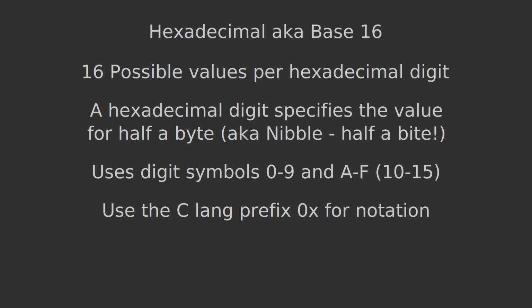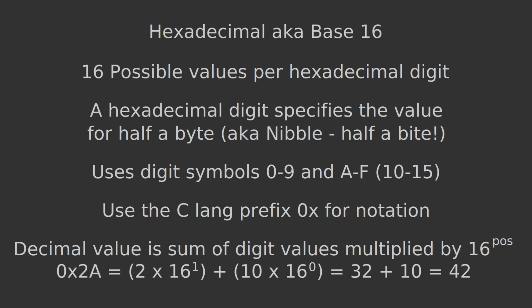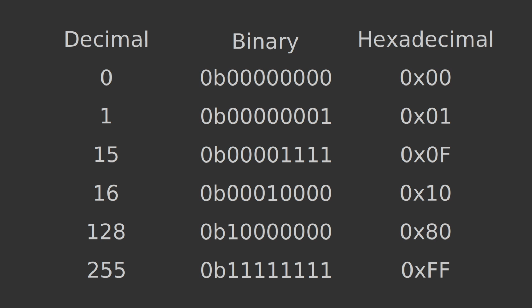We use the C language prefix 0x to indicate that a number is in hexadecimal notation. Each digit's value is increased by a factor of 16 for each position it is shifted to the left, and so a digit's value is calculated by multiplying it by 16 raised to the power of its position. The value of a hexadecimal number is then just the sum of the values of the individual digits. Shown are some examples of decimal byte values with their binary and hexadecimal equivalents.